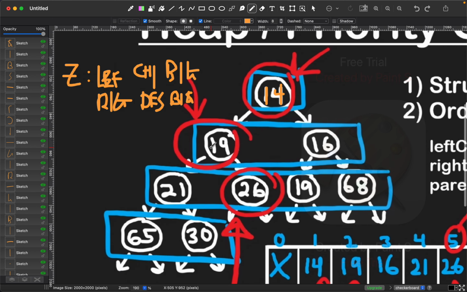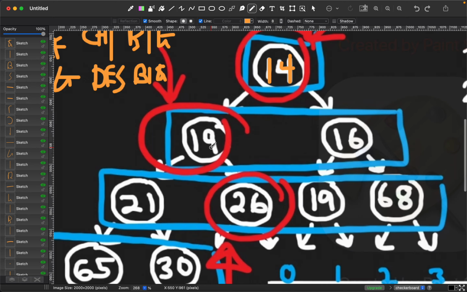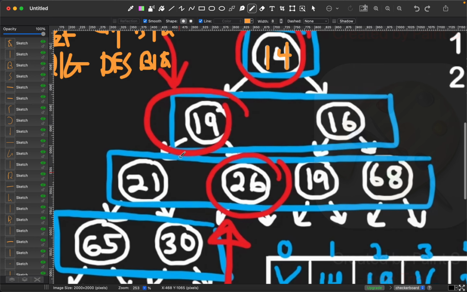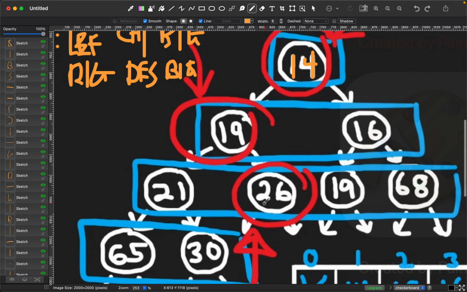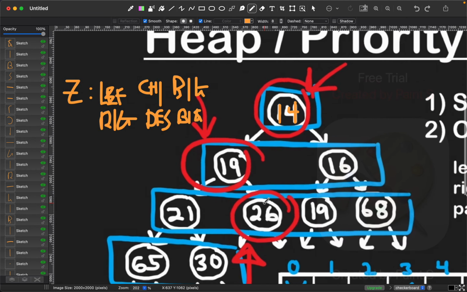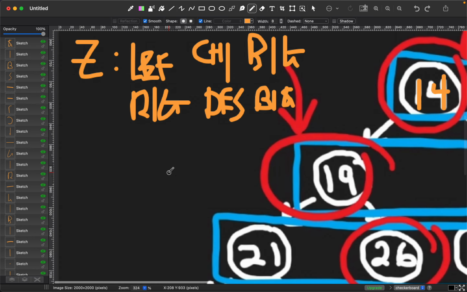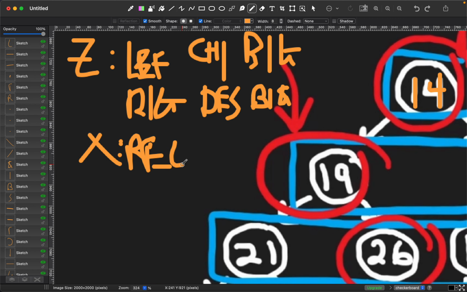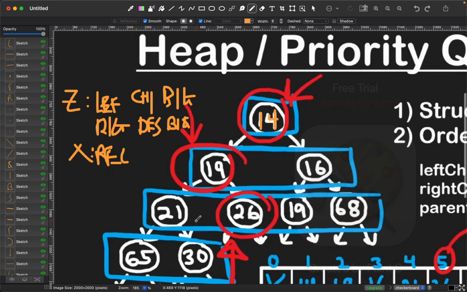So you go to 19, you ask the same question: my left descendants have to be bigger than this guy, right descendants bigger than this guy. 21, 65, 30 bigger than 19, and 6. So operation X is to do a recursive traverse that's been brought over to the children.